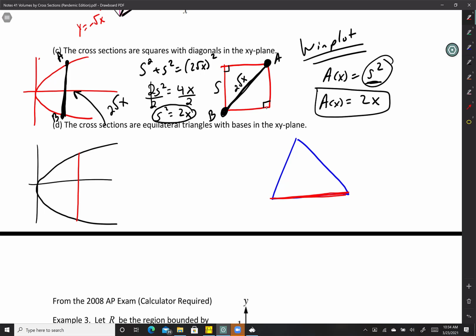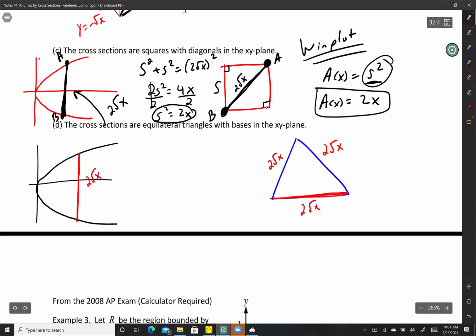All right, so this distance, we've already talked about it. We already know that expression is just 2 square root of x, upper minus lower. So this is 2 square root of x, this is 2 square root of x, this is 2 square root of x.